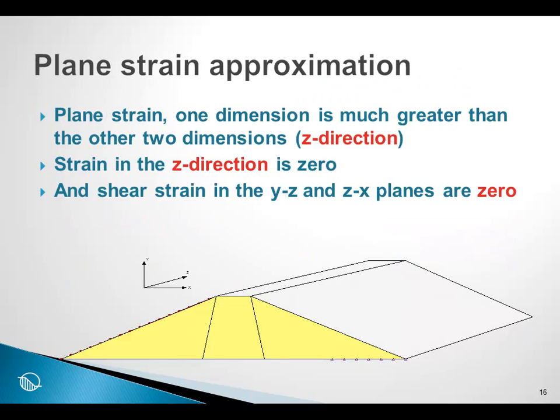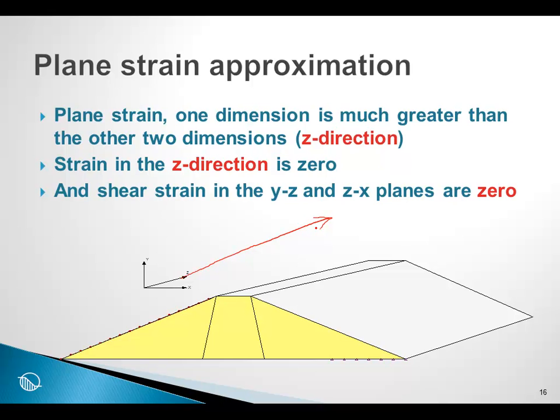SIGMA/W is predominantly based on a two-dimensional plane strain analysis. A plane strain analysis means that one dimension is much greater than the other two directions. That is, the Z direction is much greater than the other two directions.